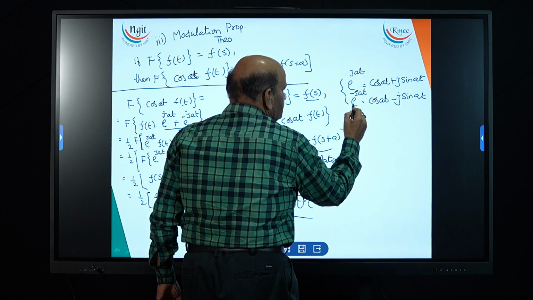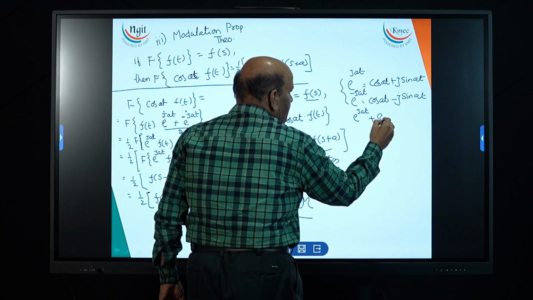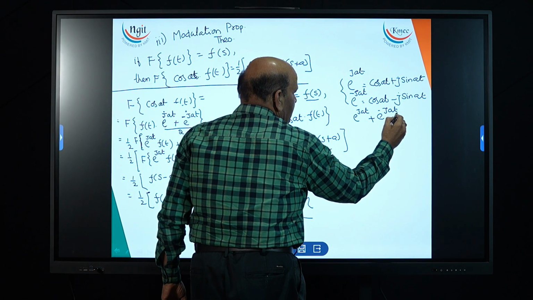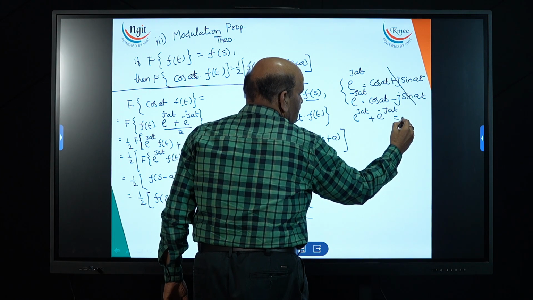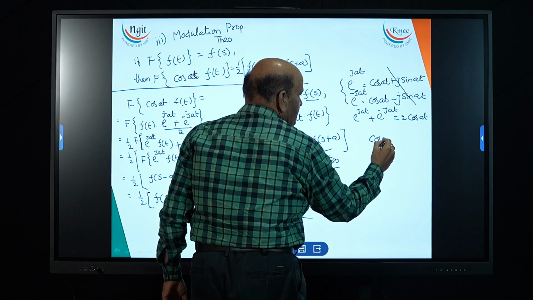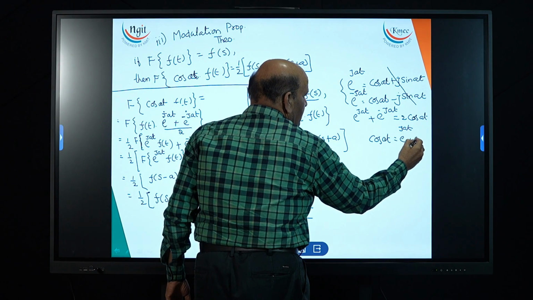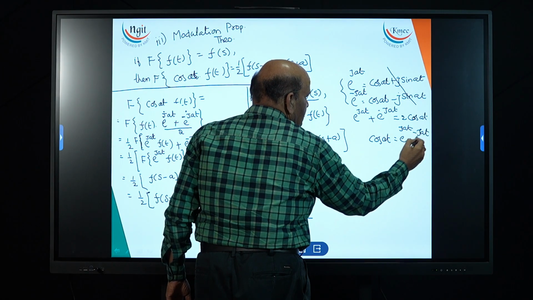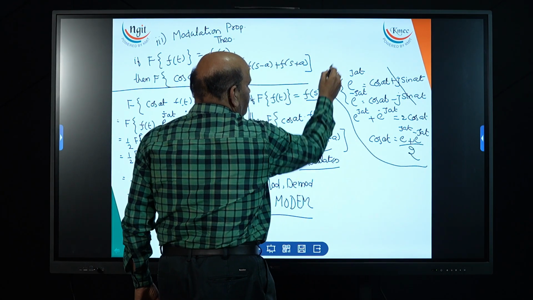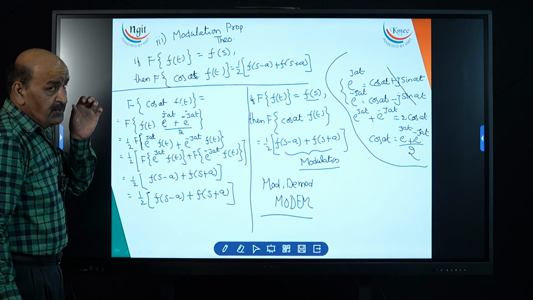If you add these two, e power j at plus e power minus j at, cancelling the sine terms you get 2 cos at. Therefore cos at equals e power j at plus e power minus j at, divided by 2. Understanding? Only that concept students have to remember.